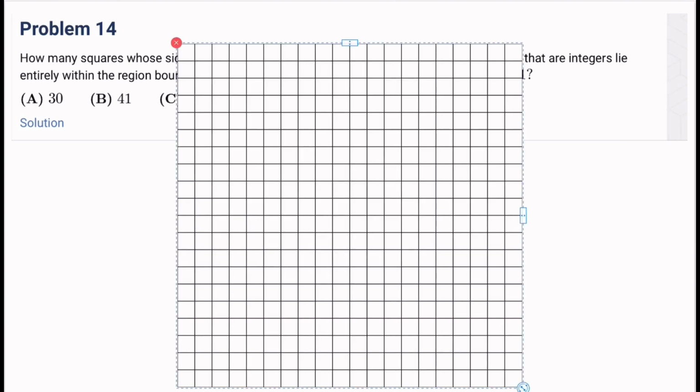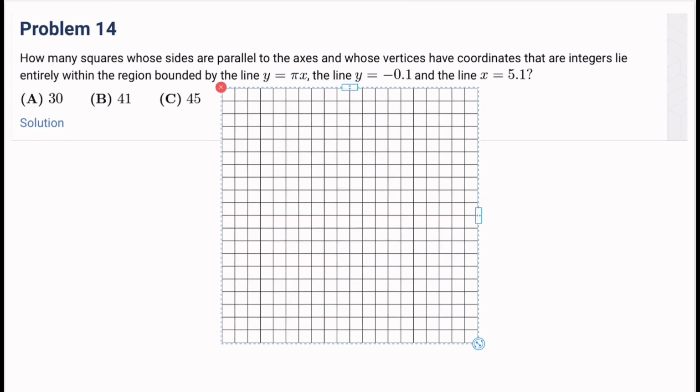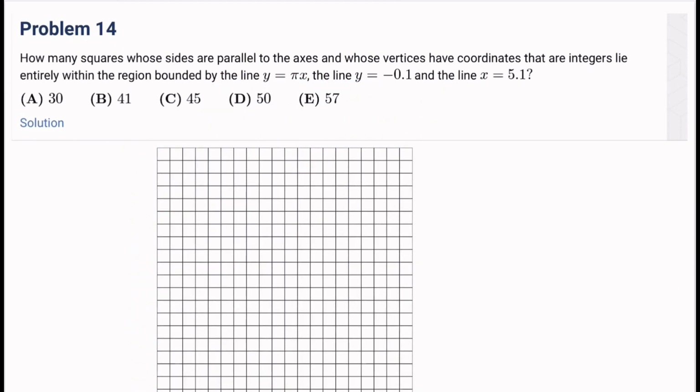Let's get our grid here, and we will make the x-axis and the y-axis like that, right? So first, our x-axis will be somewhere like that, and our y-axis will be like that. Let's make it more accurate.